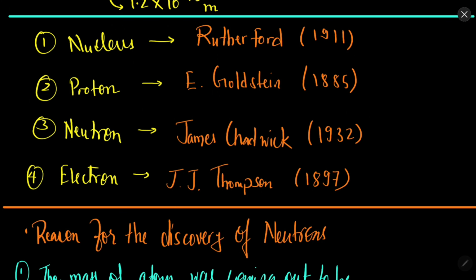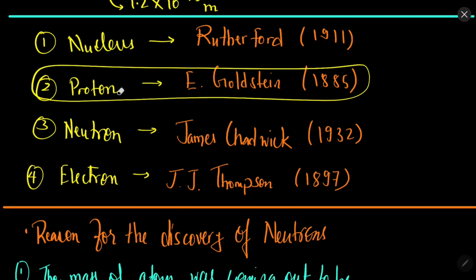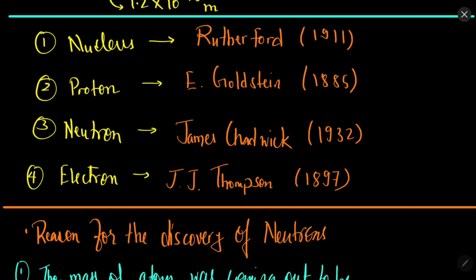Now let's discuss a few points. Nucleus was first discovered by Rutherford, but what about the particles? The electron was discovered in 1897 by J.J. Thomson, and proton was discovered even earlier, in 1885 by E. Goldstein.